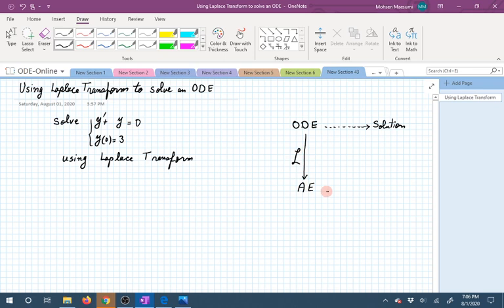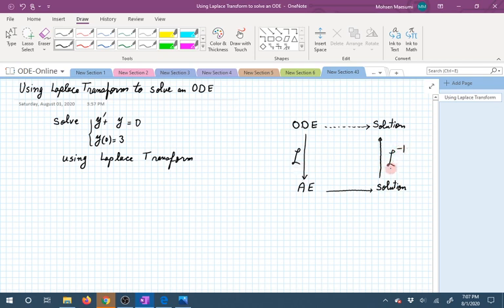And the easiest part of the whole thing will be just this solution. Like if you had 2x plus 3 equal to 0, that would not give you any challenge in solution steps. And you arrive at the solution of that algebraic equation. Then we are going to have some uphill battle to go from here back to the actual original solution. And this is going to be done by so-called inverse Laplace transform.